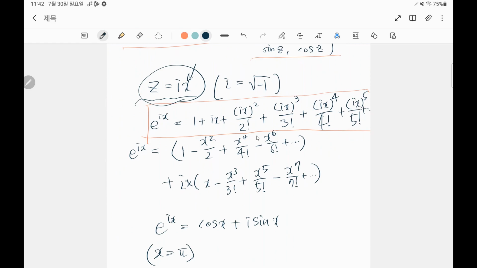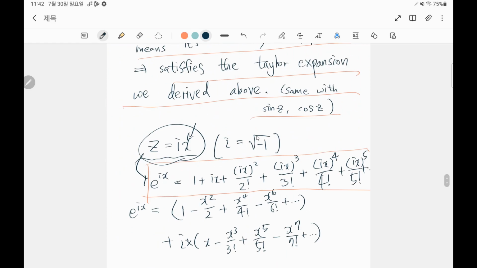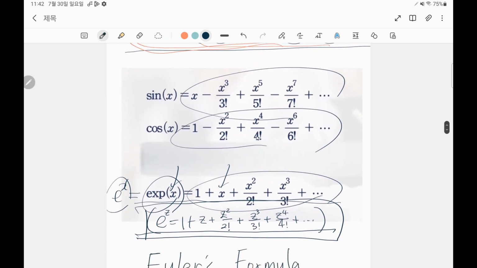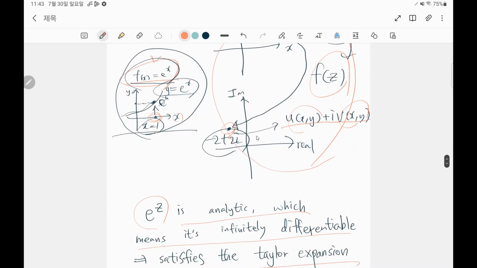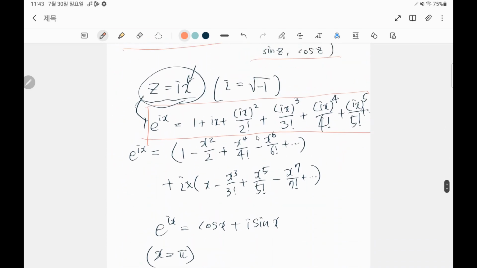You plug it into the Taylor expansion we derived, e to the z equals 1 plus z plus z squared over 2 factorial, z cubed over 3 factorial, z to the 4 over 4 factorial, plus dot dot dot, the sum of polynomials. Where z is, you plug in ix.